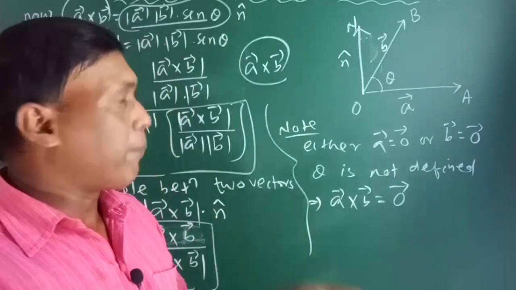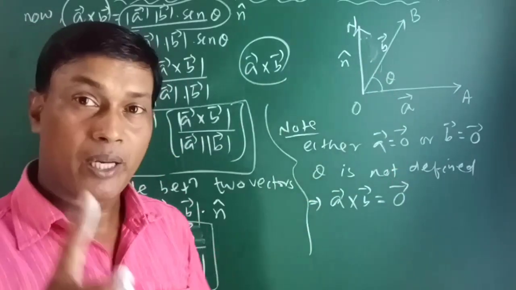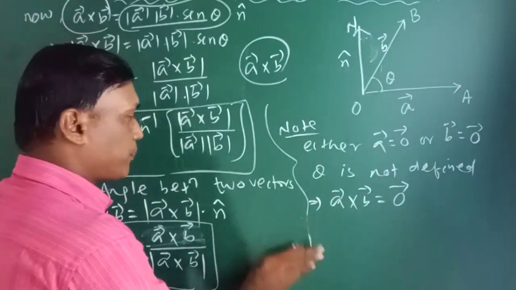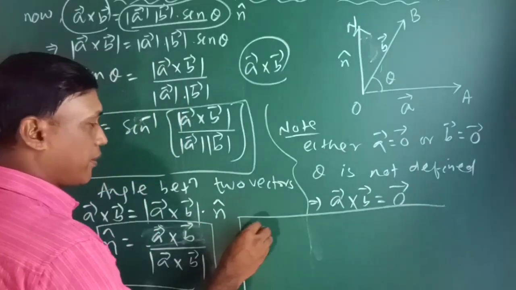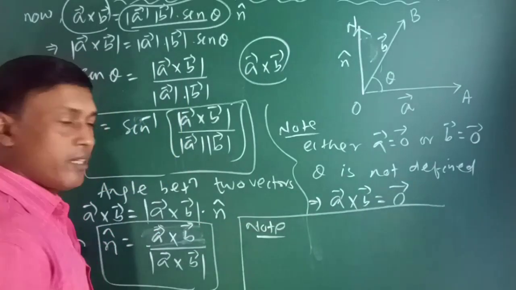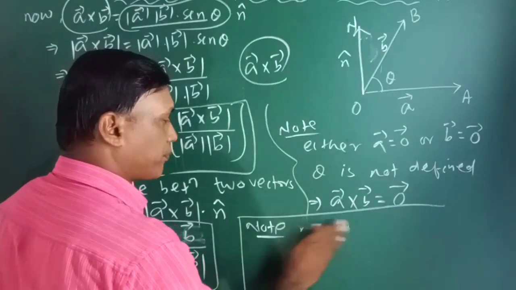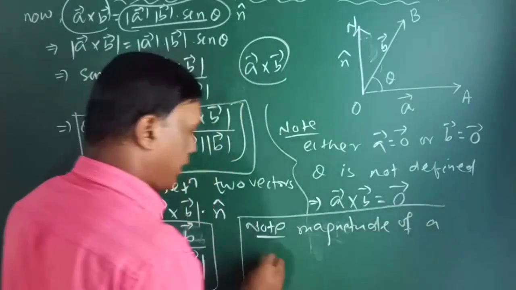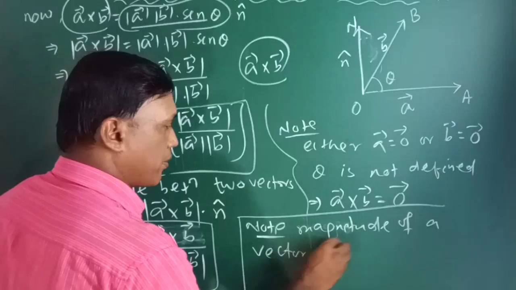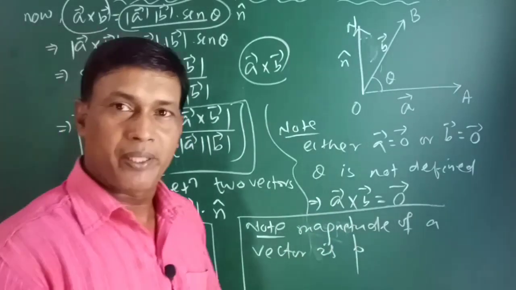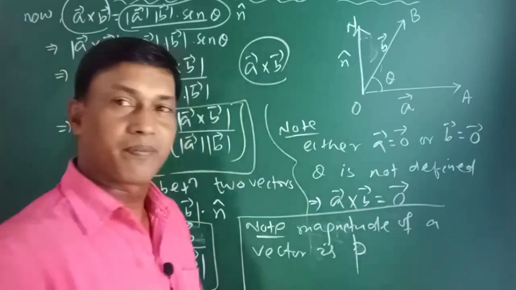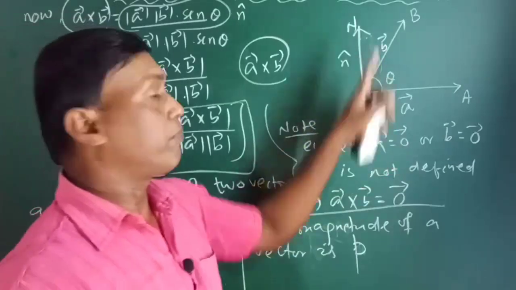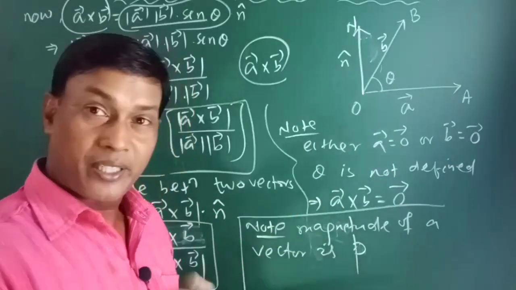If a vector is perpendicular to A and B, remember one important note: the magnitude of a vector is P. You have been given a vector whose magnitude is P. This is in the direction which is perpendicular to A and B. Understand this.